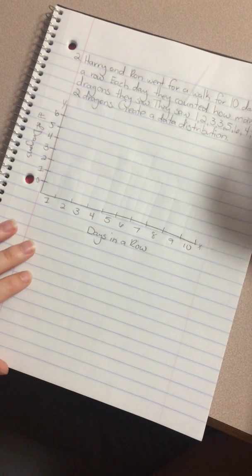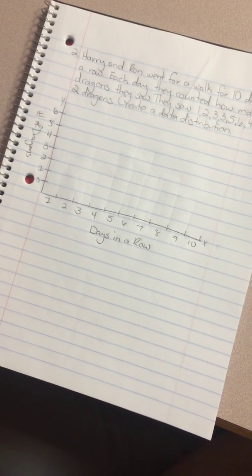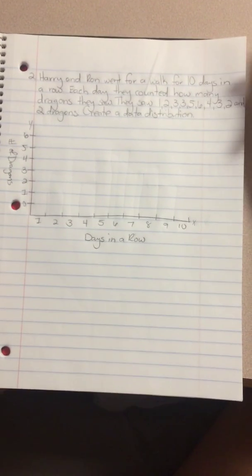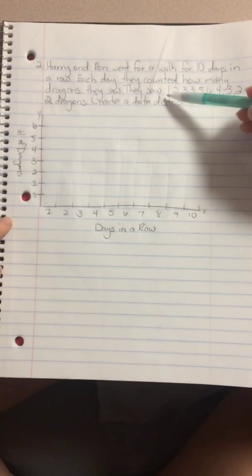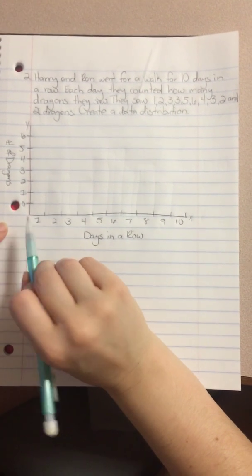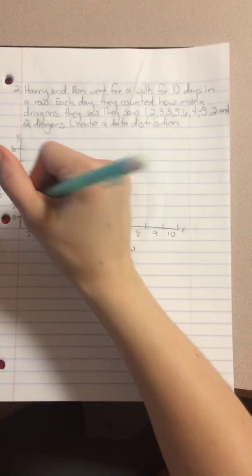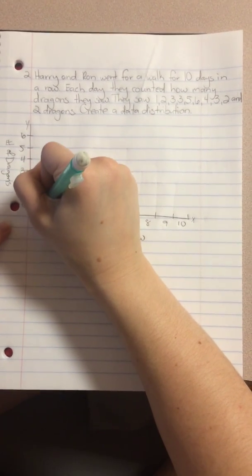So now what we'll do is fill in the rest of our graph almost as if it were a bar graph, but then at the end we'll see why it's not a bar graph and why it's a data distribution instead. So, for the first day, they only saw 1 dragon. So we go to the first day, and we go up, and we see that they saw 1 dragon.